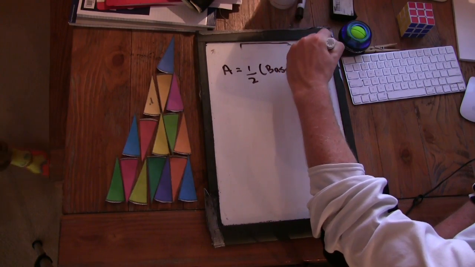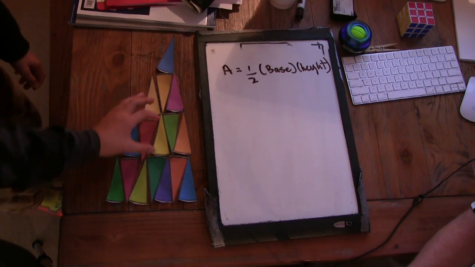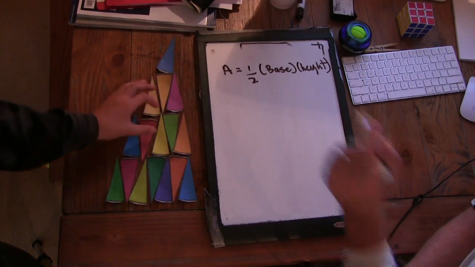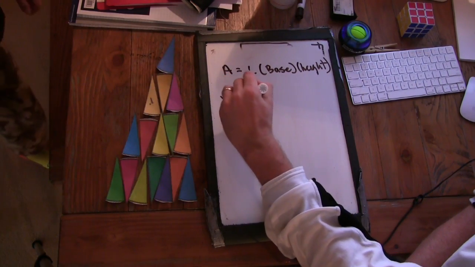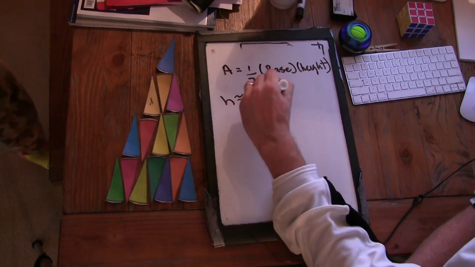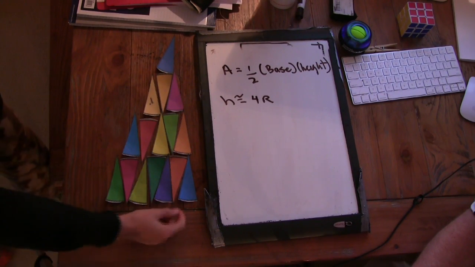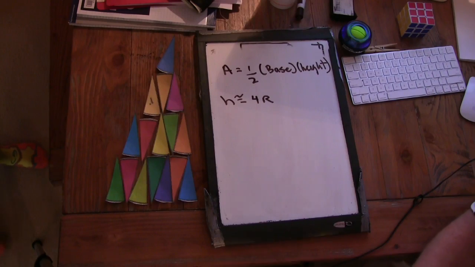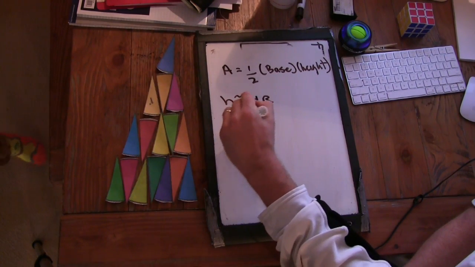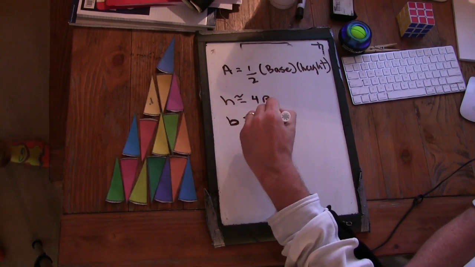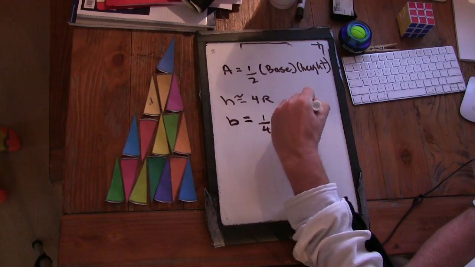The height is approximately 4 radii, which is two diameters. Okay, so the height is approximately 4 times the radius. So that's cool. The base is 1/4 of the circumference. So the base, which I'm going to call B, is 1/4 of the circumference. And what was the circumference?